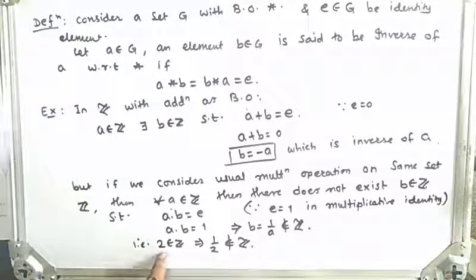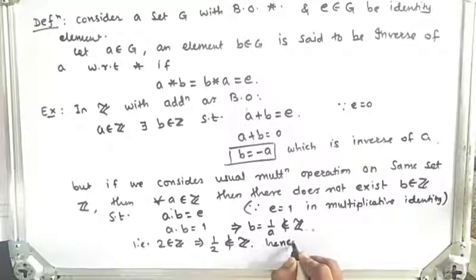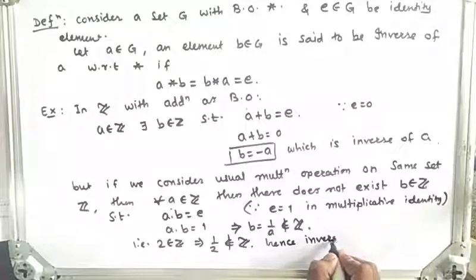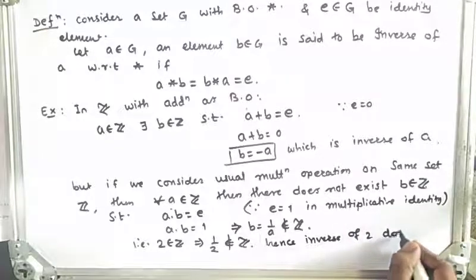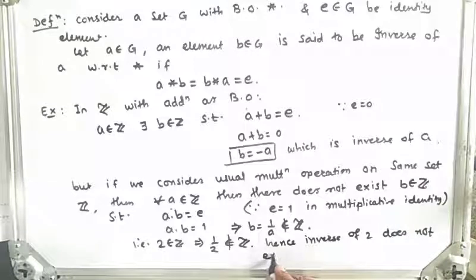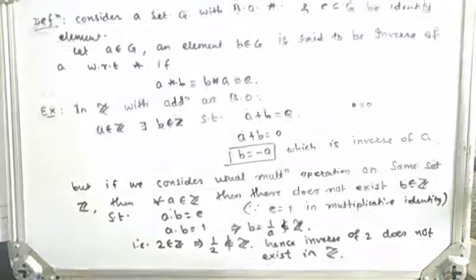But here I have taken 2 belongs to Z, but 1 upon 2 does not belong to Z. So the inverse of 2 does not exist in the set of integers, right? Hence the inverse of 2 does not exist in Z, but the inverse exists in the real numbers or rational numbers.